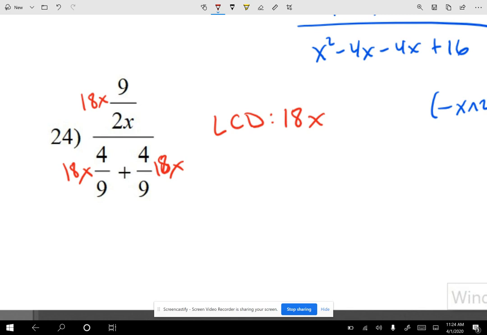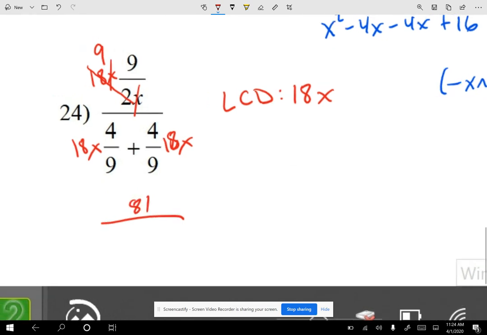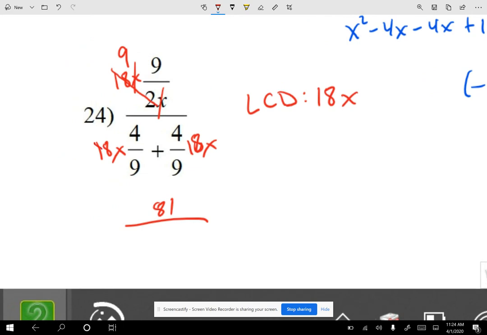So looking on here, this x with this x cancel out. 18 divided by 2 is 9. So on the top of that fraction, I have 81. Right, 9 times 9. Now here, 18 divided by 9 is 2. So if you notice, I have 2 times 4 times x. So that's going to give me 8x.